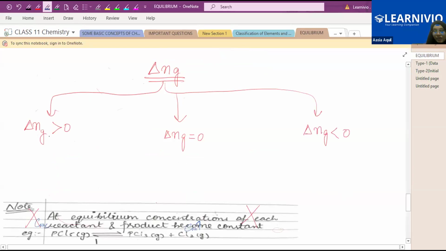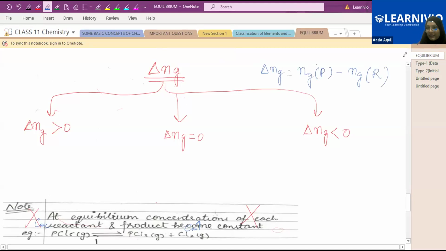So when delta Ng is greater than 0, it means that the delta Ng value is positive. It is positive when the product has more number of moles. Delta Ng is the number of moles of gases of product minus the number of moles of gases of reactant.